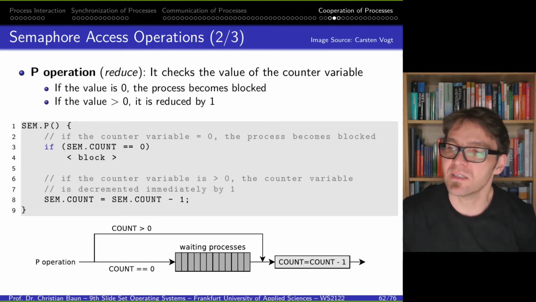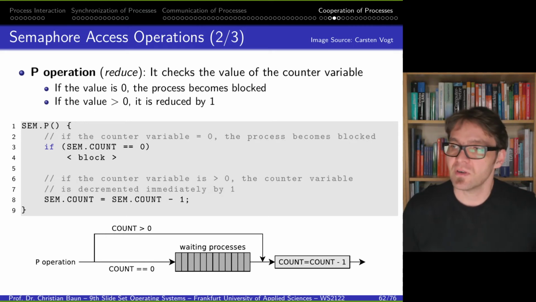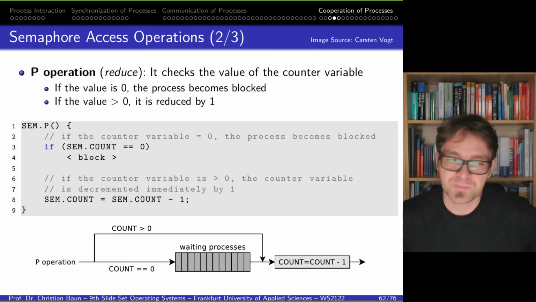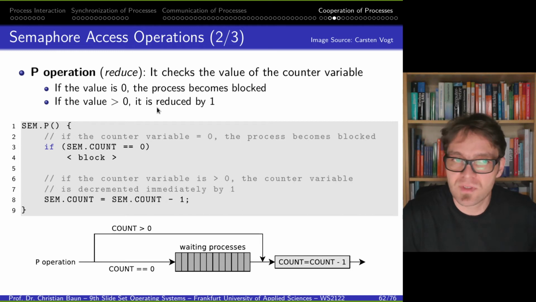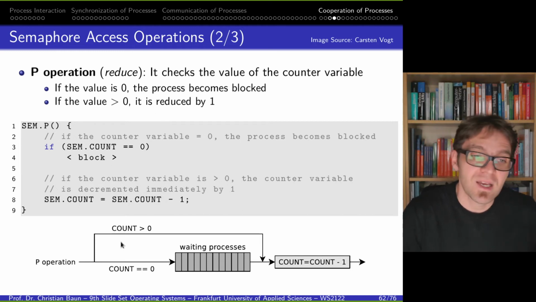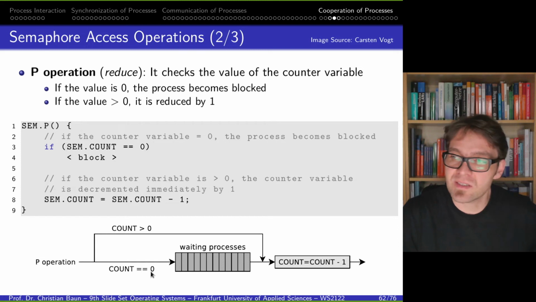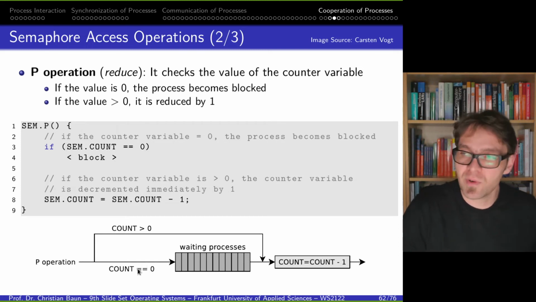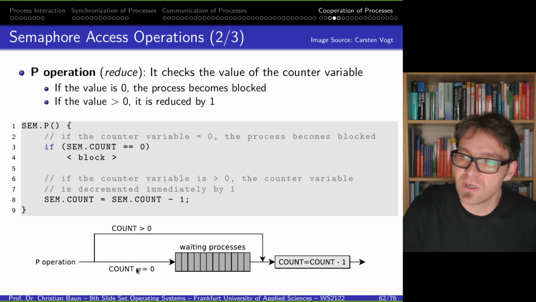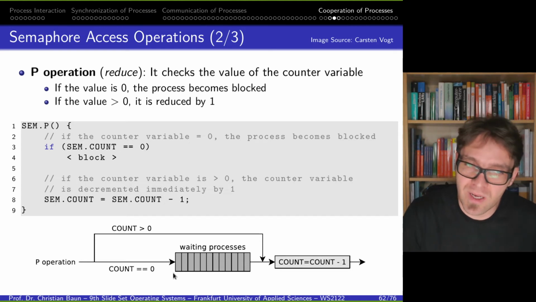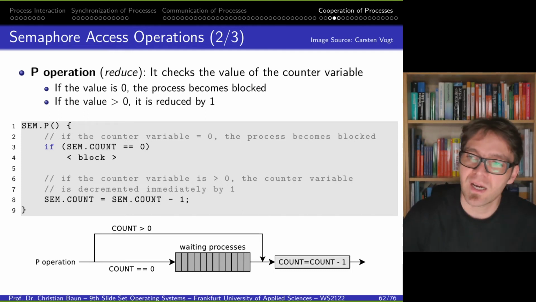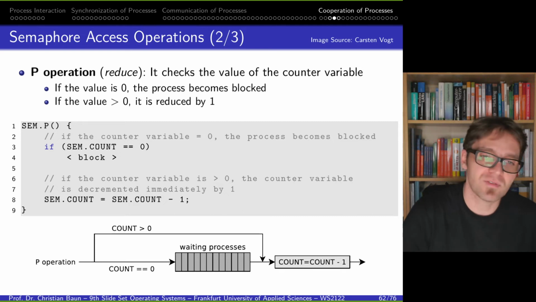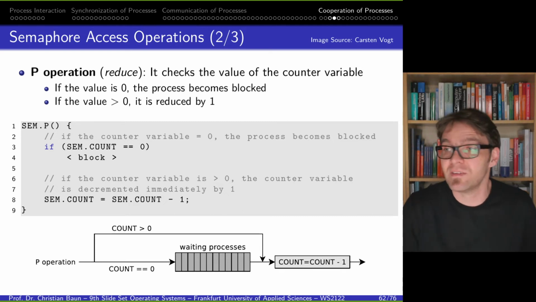Is it bigger than 0 or is it already 0? If it's bigger than 0, it's reduced by 1. If it's already 0, the process which tried to execute the P operation is blocked and is transferred to the waiting queue, and here it waits for the operating system to release it.